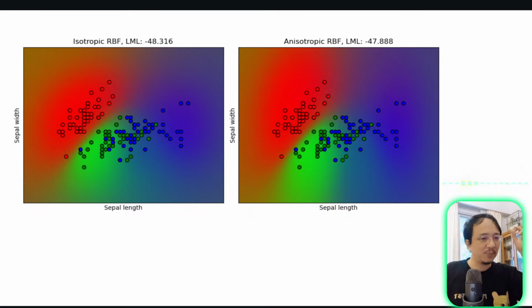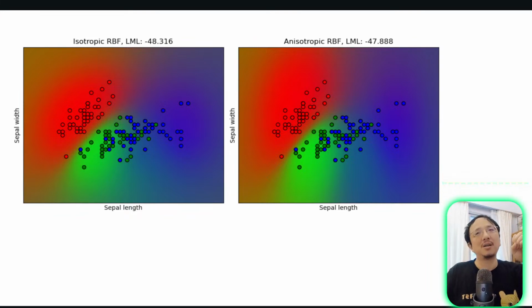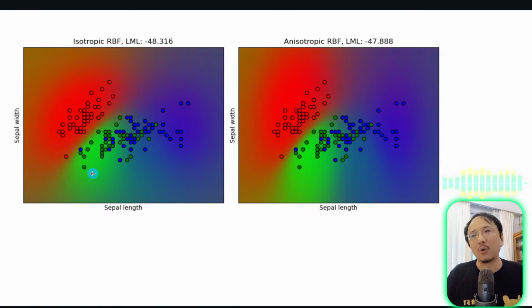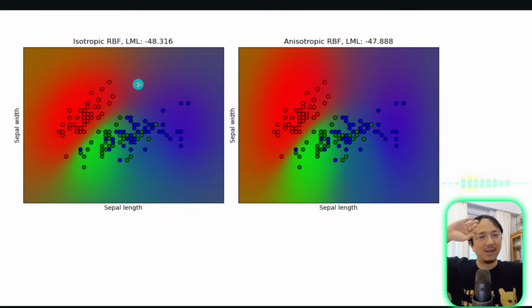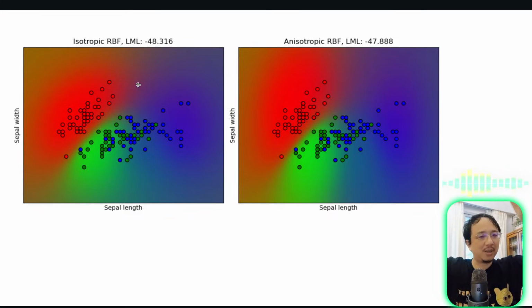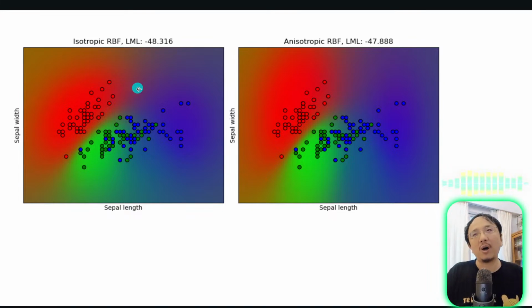So kind of like putting a lamp on each of the samples and seeing what happens. If you're putting a red lamp on each of the red samples, a green lamp on each of the green samples, and a blue lamp on each of the blue samples, then each point in this space will be affected by all of the light emitted through all the samples.